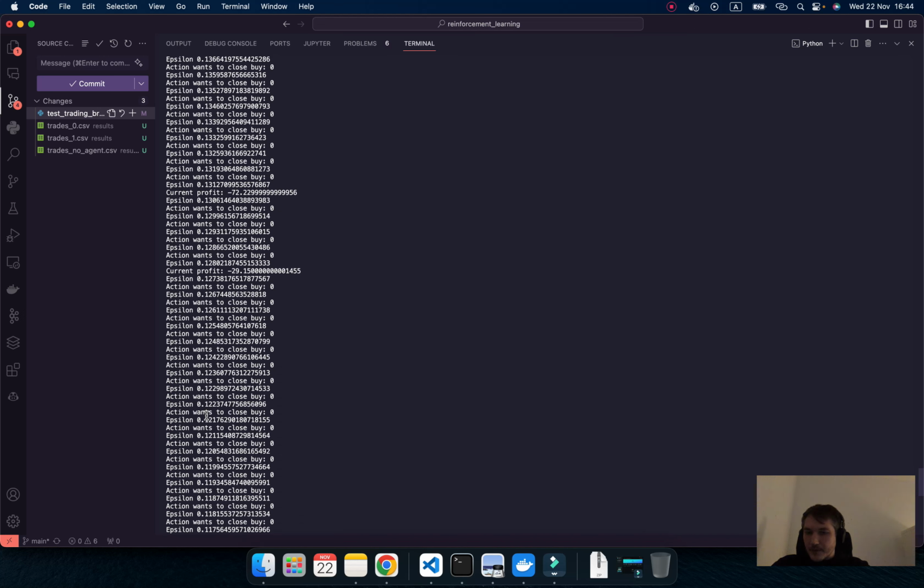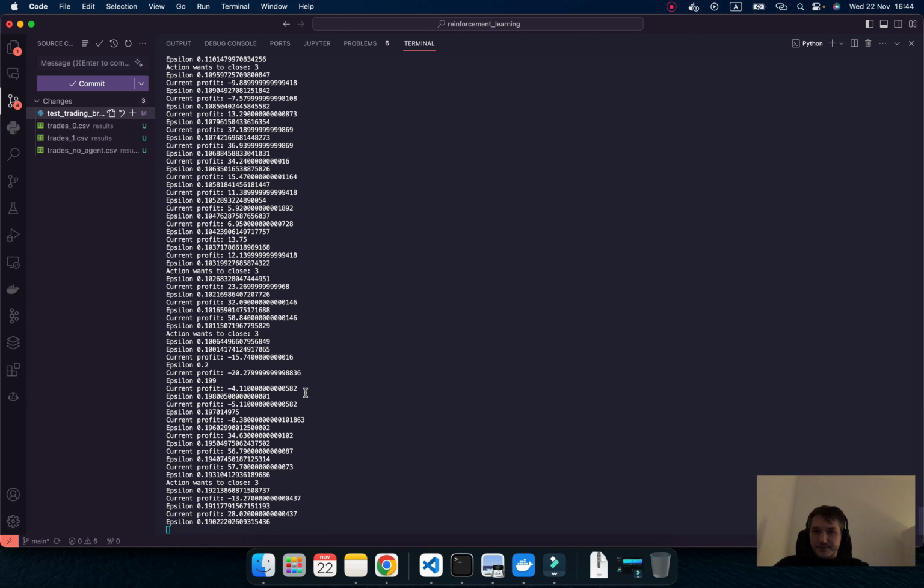In general, we can decrease epsilon to 0, and it means for each next step we make decisions only from the neural network without any exploration. But it is very difficult to find the balance between exploration and prediction.